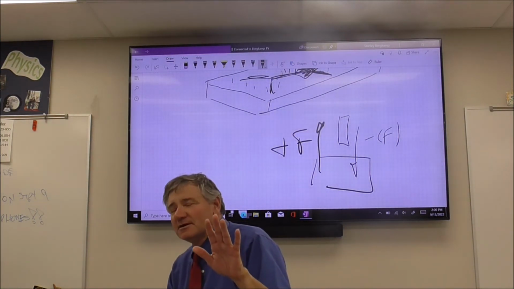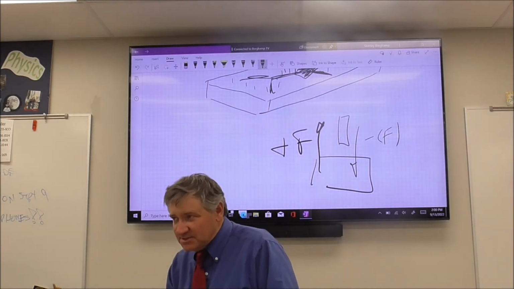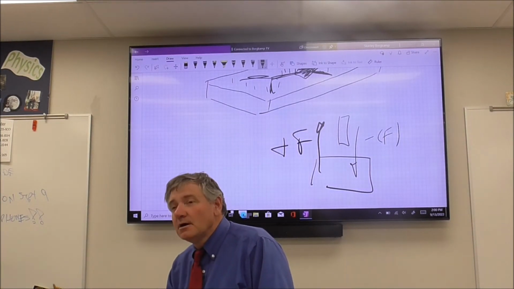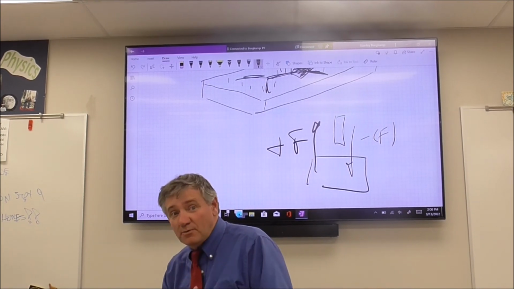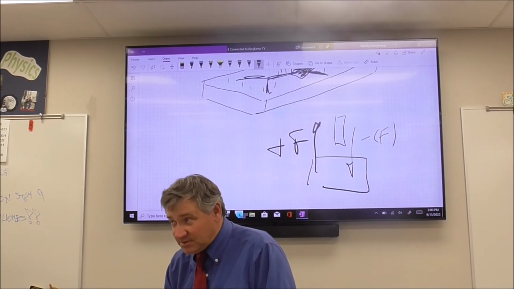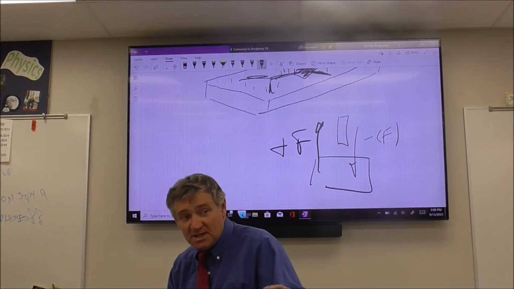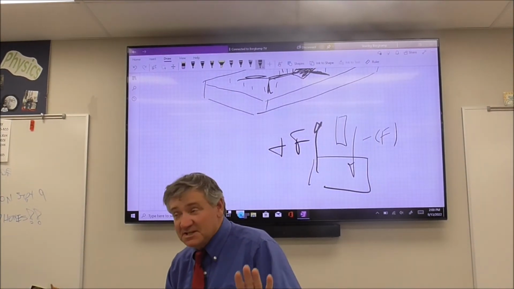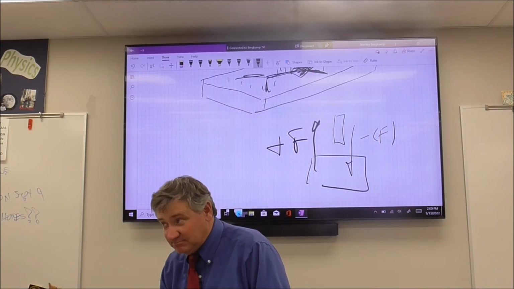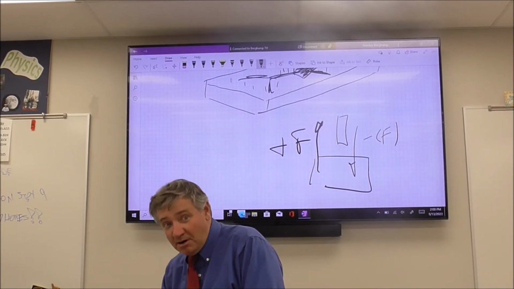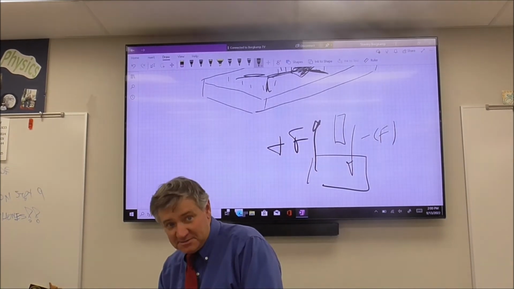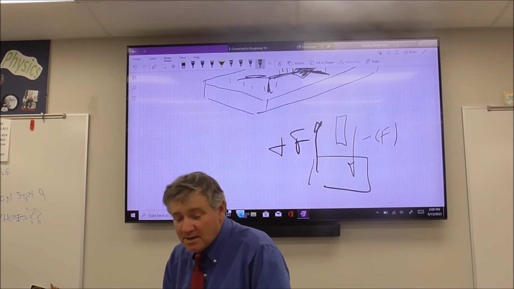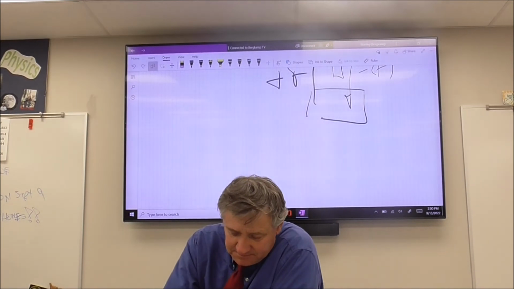So I want that sledgehammer to accelerate. I'm going to accelerate too. But which one do I want to have a larger acceleration? Me or the sledgehammer? Sledgehammer. I want the sledgehammer to have a big acceleration. I want to have a small acceleration, because if I have a large acceleration, bad things are going to happen. So it boils down to this.